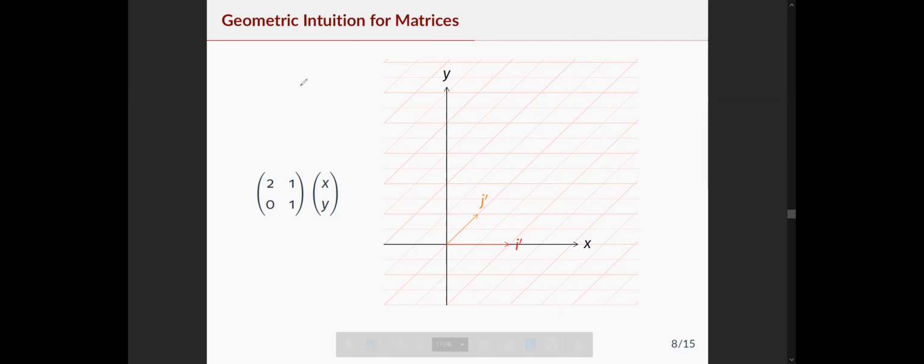Let's do another example. If you have the vector (1, -1), which is 1 in the i direction and minus 1 in the j direction, that would be this one.